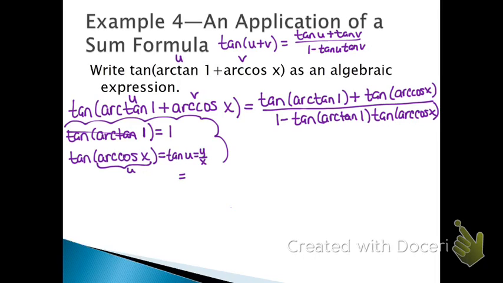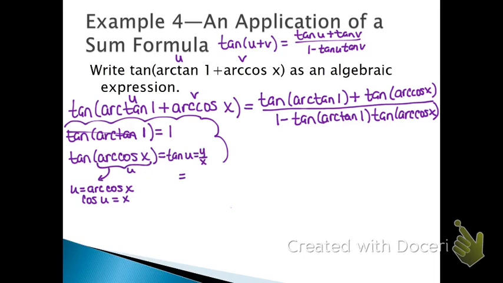Okay, so what we have then right here is u is equal to the arc cosine of x, which remember when we take the inverse of it means cosine of angle u equals x. And I need to know about angle u so that I can find tangent of u. So we said tangent is y over x. So I need y and I need x.